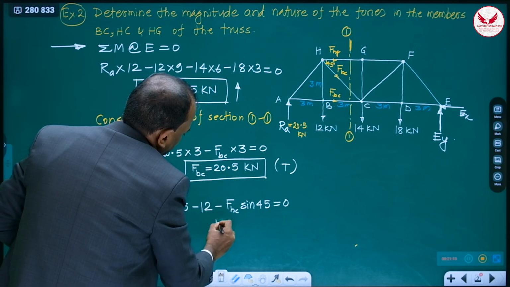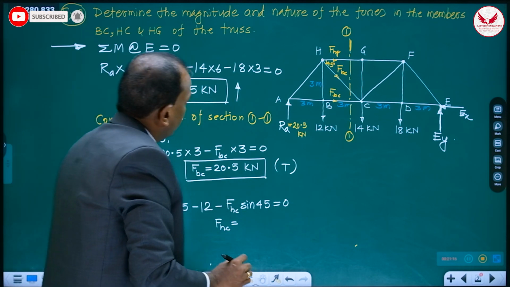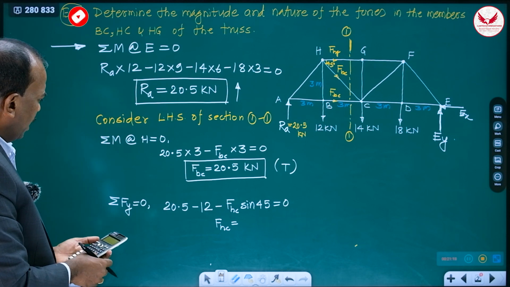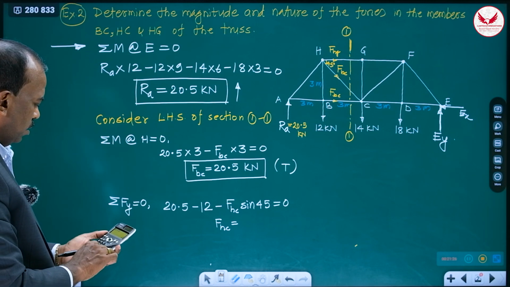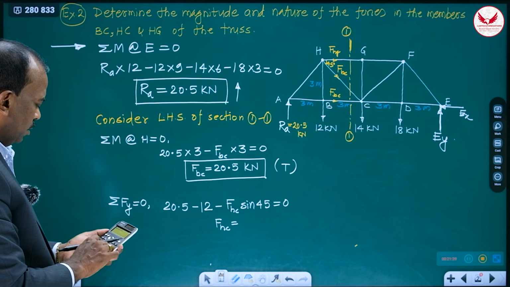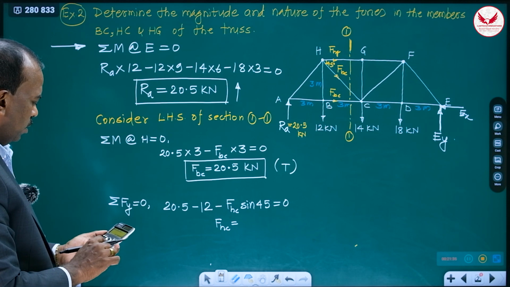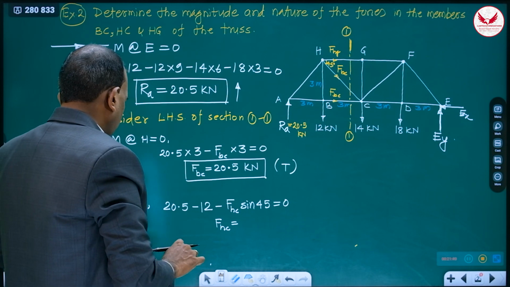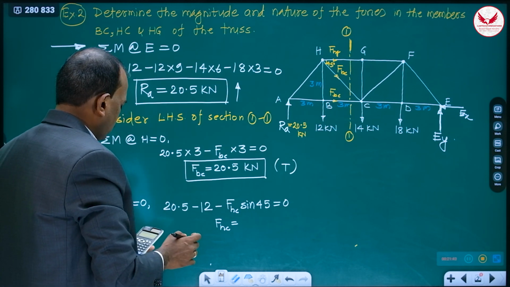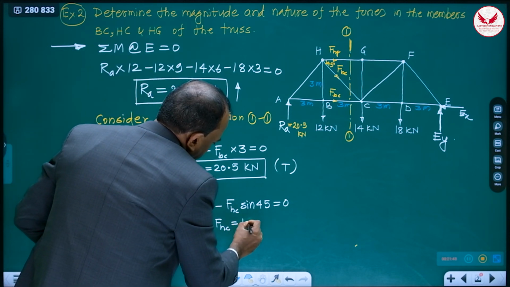From this we'll get FHC: 20.5 minus 12 divided by sin 45. It's 12.02, and it is also tensile.